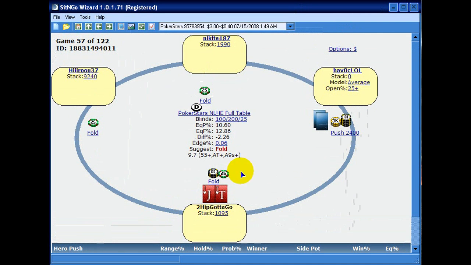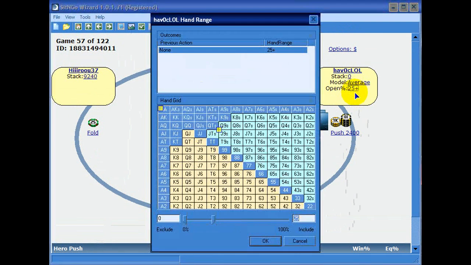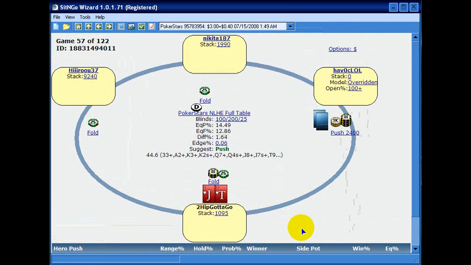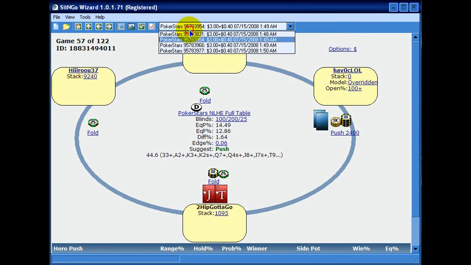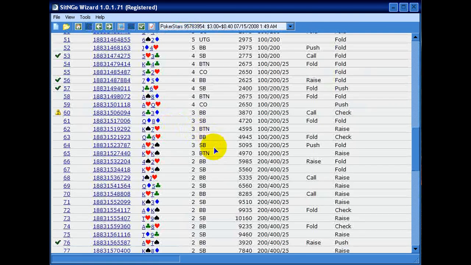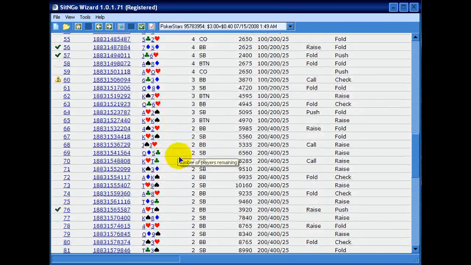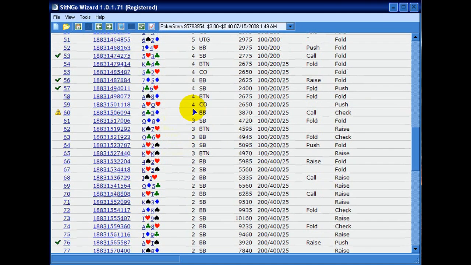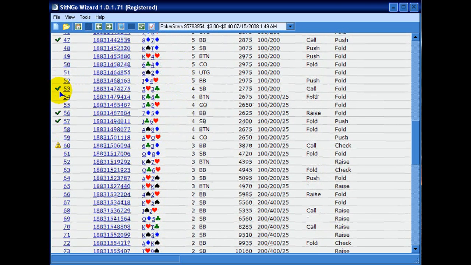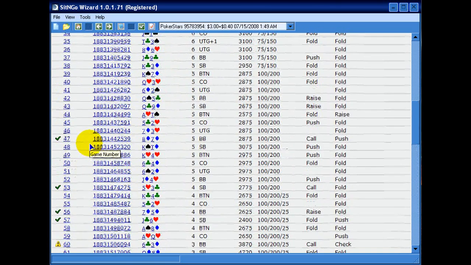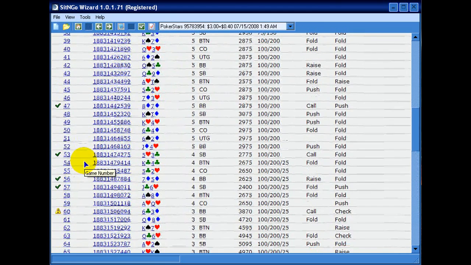For those who don't know, I would actually push 100% here, so it's actually a profitable call for 2 hip gotta go. If he had jack 10 suited, he didn't, or at least I don't know what he had because he folded. So yeah, very quickly at a glance, we can see on the left the moves that were a success, as Sit and Go Wizard puts them, or that were profitable, and the moves that weren't.